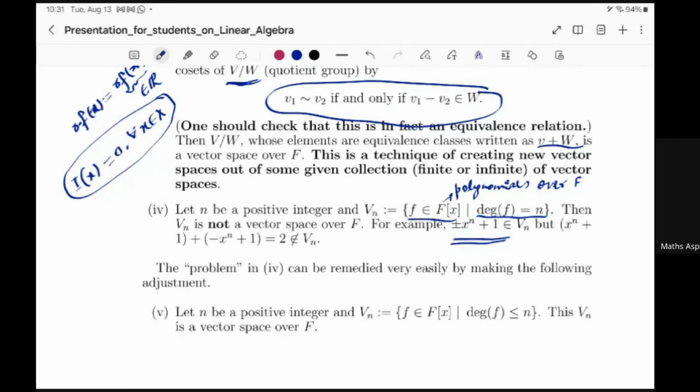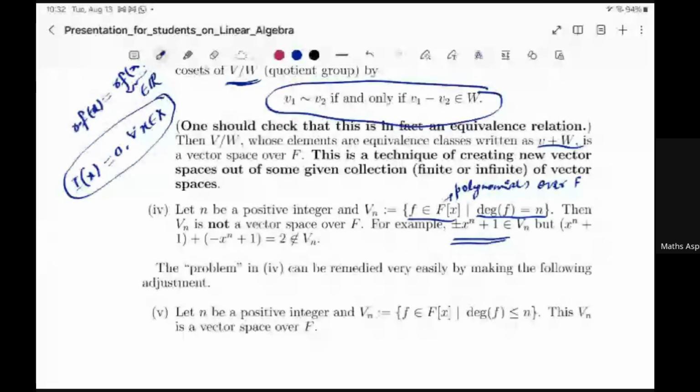But if you add them up, you get 2, which is a constant, and since it's a constant, it cannot have degree n. So it is not part of V_n. It fails to be a group with respect to plus, and that means it cannot be a vector space because it violates the very basic setup of a vector space.